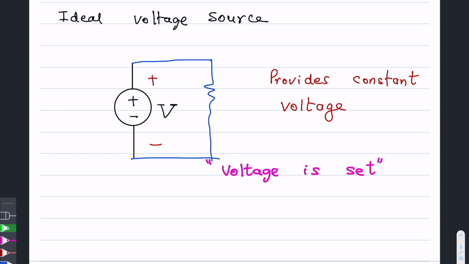The current that is flowing through this device, that's current I, is set by the load. Okay, the external connection connected to the terminals of this ideal voltage source sets the current. However, independent of what the external circuit is, the voltage across the terminals is set.